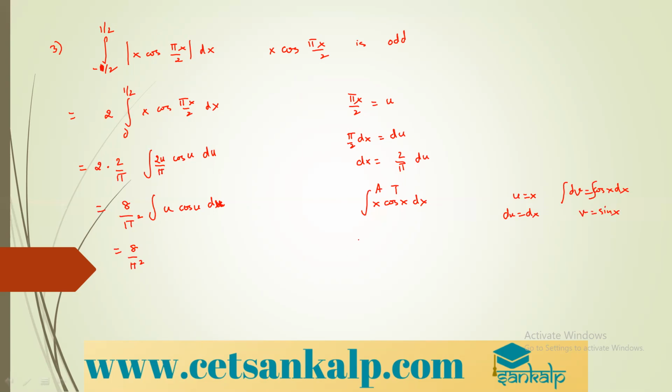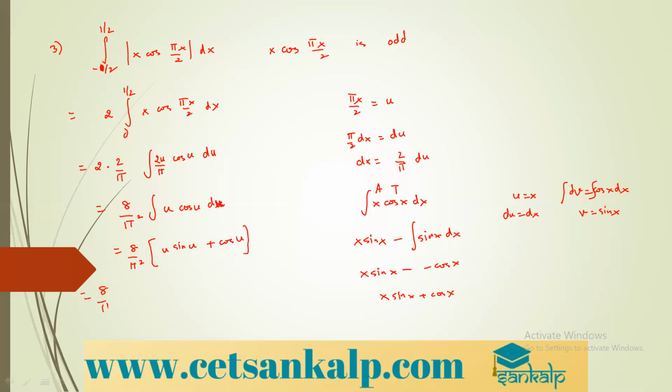So the answer will be uv, x sine x minus integral v du, sine x dx. So x sine x minus minus cos x, or x sine x plus cos x. So I can write here u sine u plus cos u.